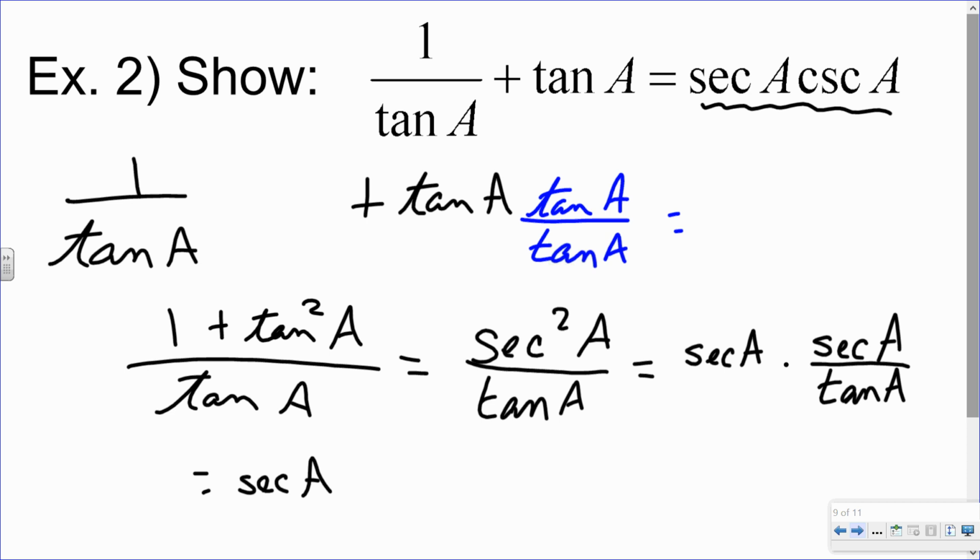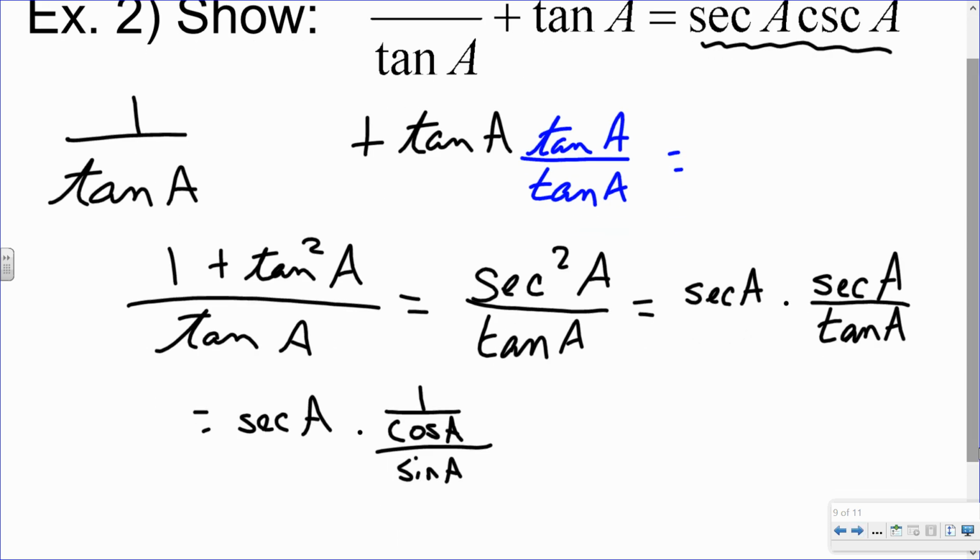But the other secant is, I think you guys just said 1 over the cosine. And tangent is what? Ariel, what's tangent? So sine over cosine. We can say it's sine over cosine, but we really need to write sine A over cosine A. So now I have secant A times a complex fraction.